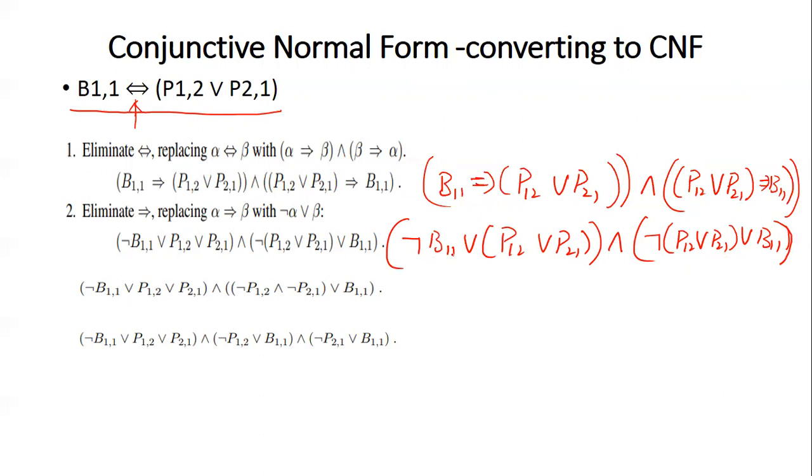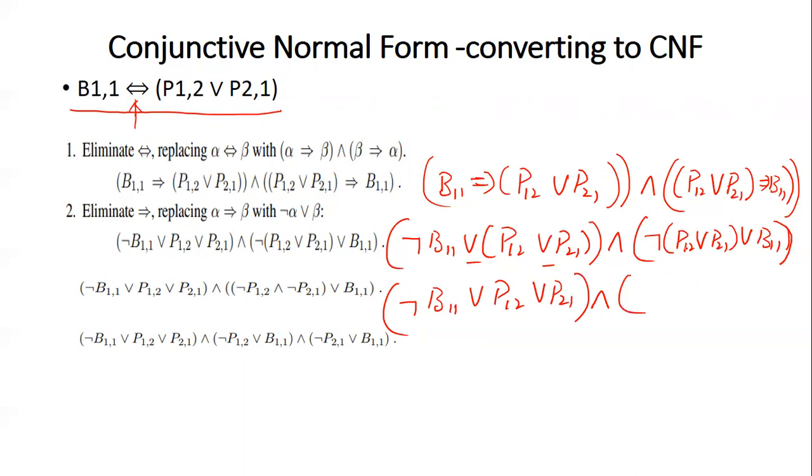Now apply De Morgan's law. All three are connected using OR, so we can join not B11 or P12 or P21. Okay, fine. Here the not is there.